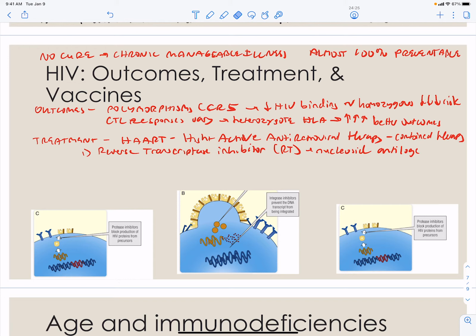And then you're also going to have an integrase inhibitor. And this is going to prevent the incorporation of the double-stranded DNA into the host genome. And then you're going to have a protease inhibitor.